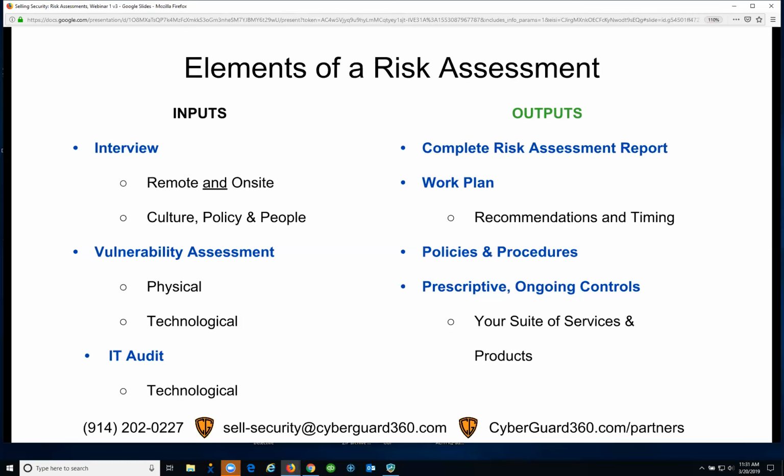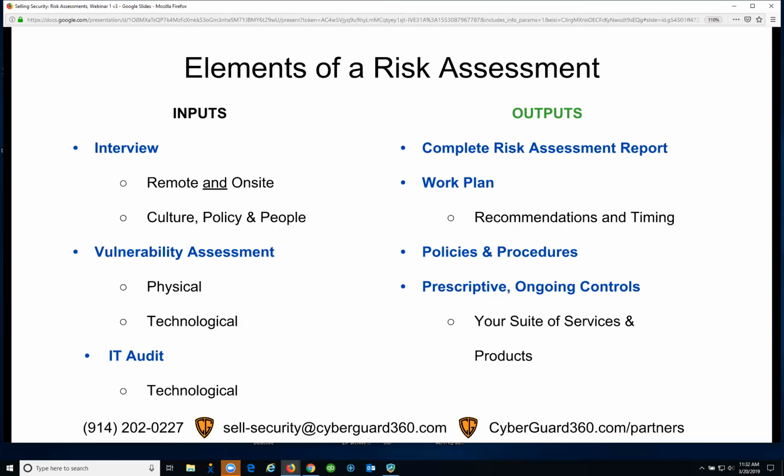But physical vulnerability assessments. We had one of our partners who did an on-site visit to a very large insurance company, and when they walked in the door, and they were standing there at the front desk, and nobody was at the front desk, by the way, they looked to their right and were able to see somebody's screen, and right away they failed the audit before they did anything, because sitting on the person's screen was an insurance application with a social security number, and it was just on the other side of a window that they installed themselves.